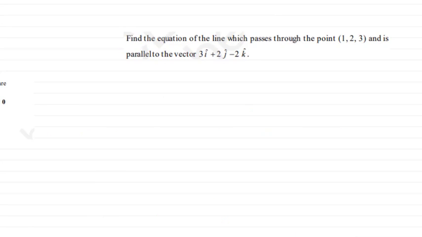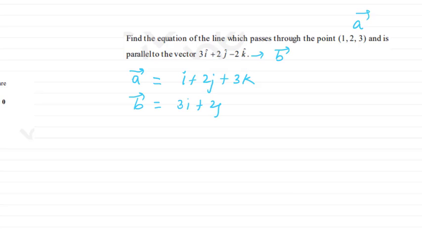We have a question: find the equation of the line passing through the point (1, 2, 3). Here the passing point A will be i plus 2j plus 3k. This is parallel to this vector, which will give you B. B is already given, that is 3i plus 2j minus 2k. Here we have to find the equation.